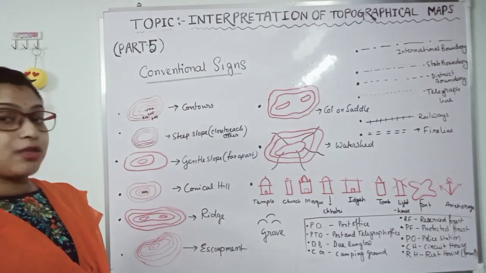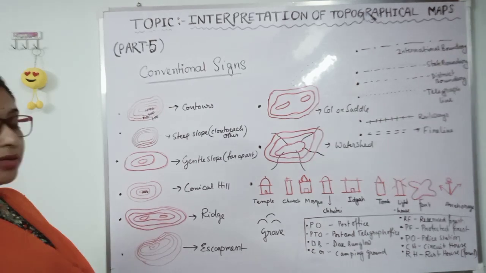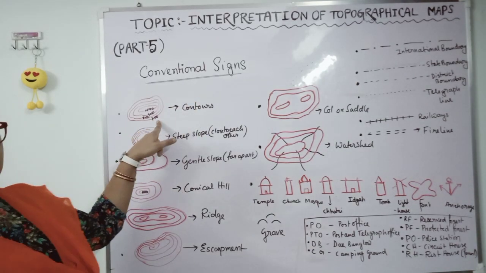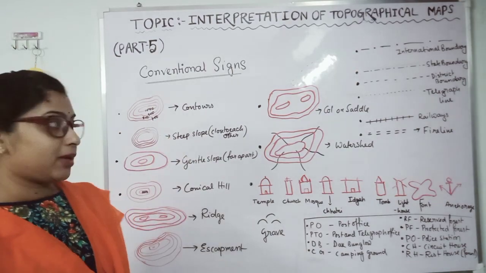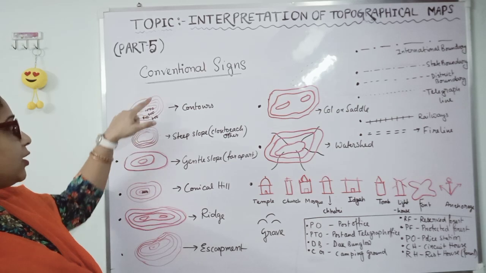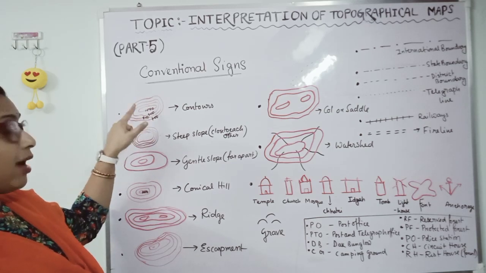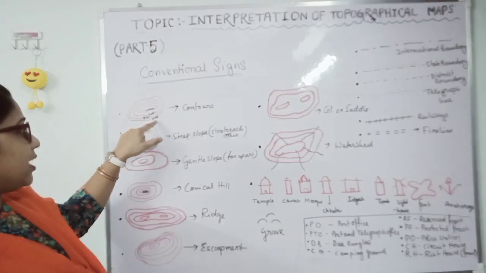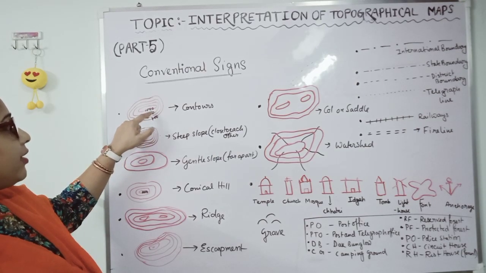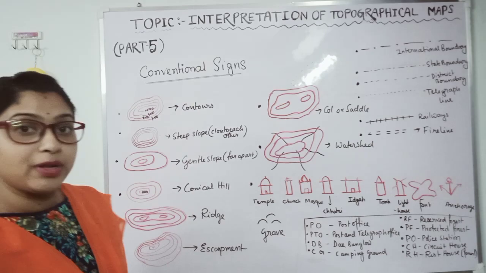See students, here I have done some more important symbols. The brown lines always shown in the topographical map are the contours, and over the contours their heights are written. Let's see how the height increases towards the inner part: 700, 800, 900 and 1000, and always in meter.